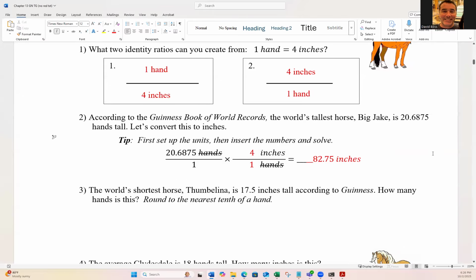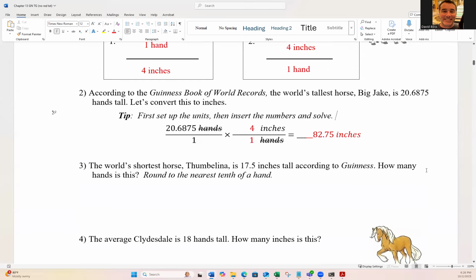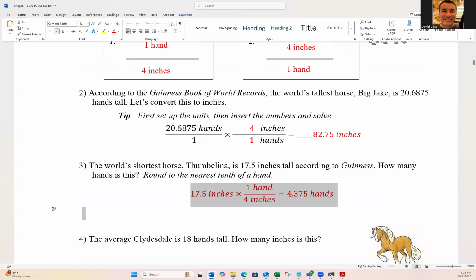The world's shortest horse, Thumbelina, is 17.5 inches tall. How many hands is this? We're going to set it up the same way. Seventeen and a half inches times 1 hand over 4 inches.